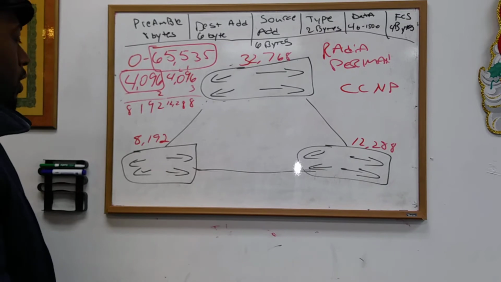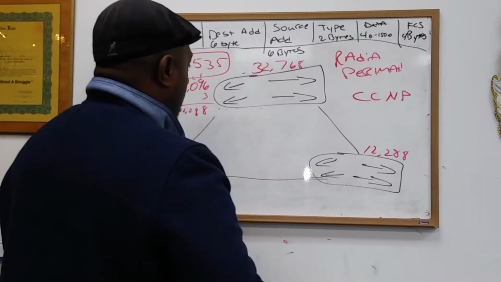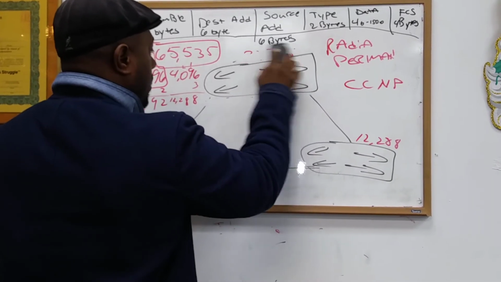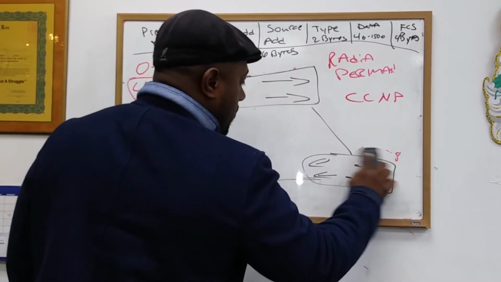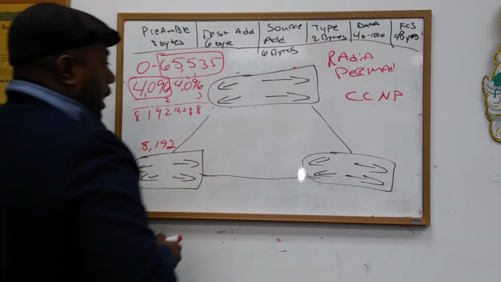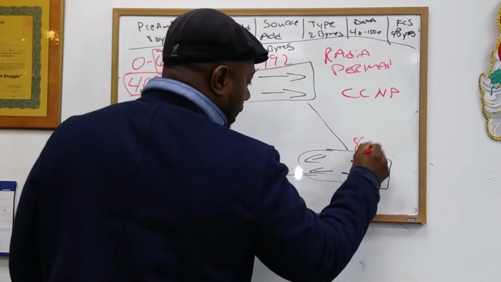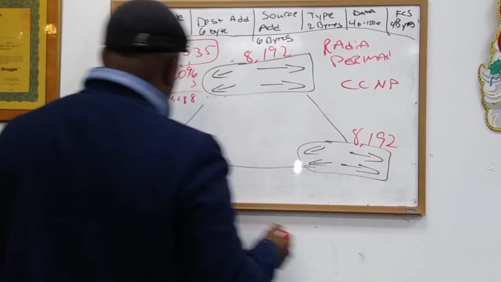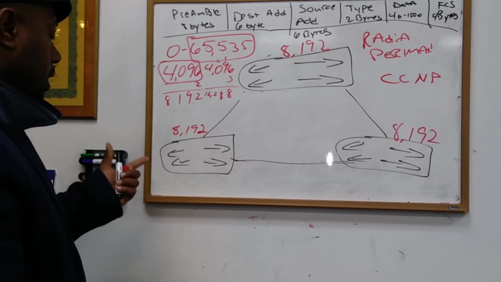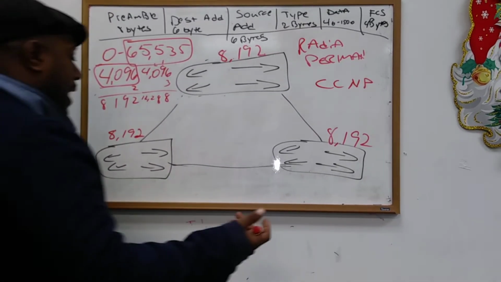Now, if all the priorities were tied, let's just say they were all 8,192, then the tiebreaker in this spanning tree election would be the MAC address.